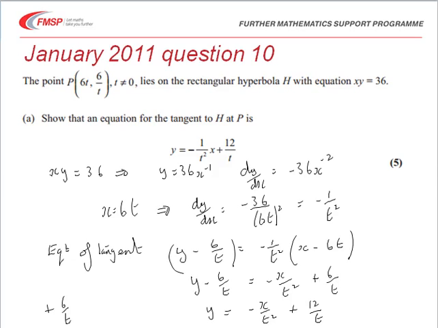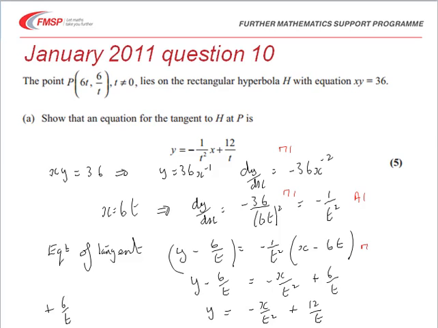The marking for that was a method mark for an attempt at differentiation, a method mark for substituting the value x into the derivative that's found, and then an answer mark for getting -1 over t squared.